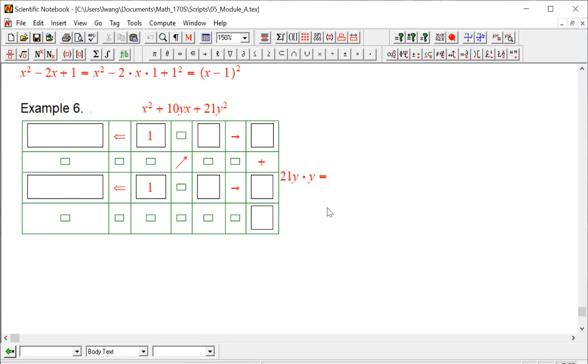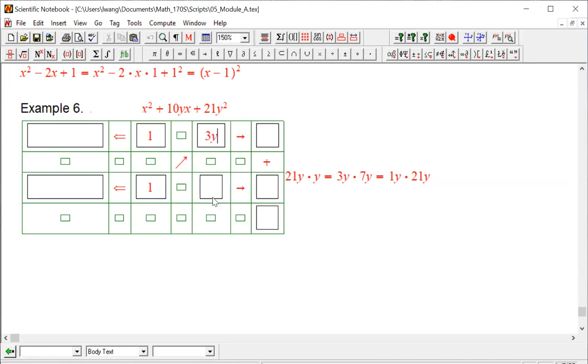Right? So we can have 3y times 7y, right? And we can have a -3y times -7y, and so on and so forth. There are many combinations. You can have 1y times 21y, and so on and so forth, right? So let's take 3y times 7y. So we're going to put it here, right?